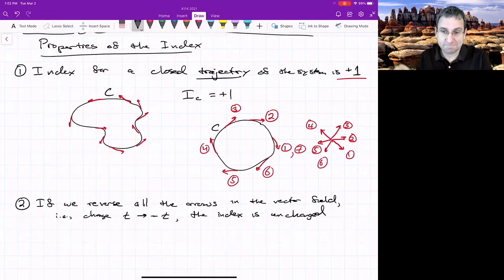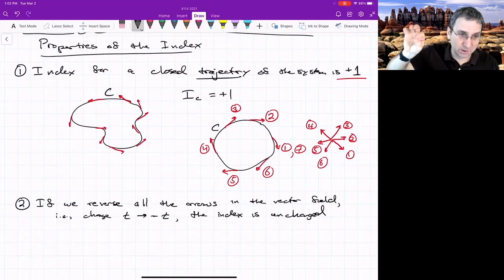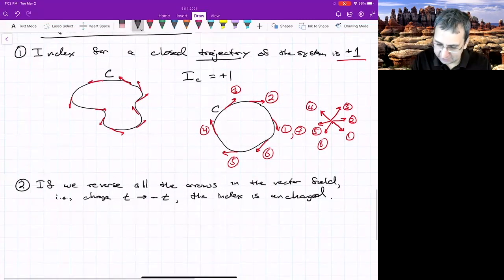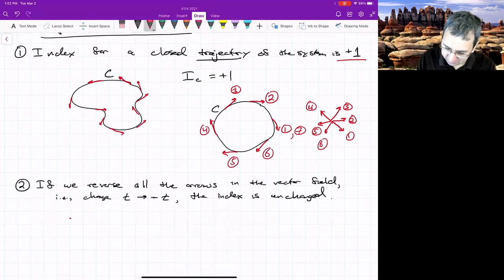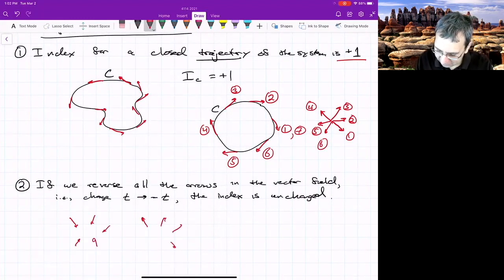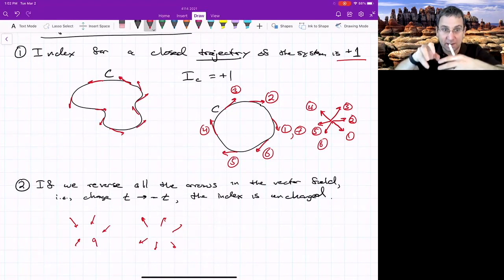But the net change in phi as you go around one circuit doesn't change. So this is why if you have all the arrows pointing inward or all the arrows pointing outward, that's just a difference in, it'd be like if you take the vector field, everything's flowing in, and now you reverse time. Oh, now everything's flowing out. Well, it won't change.